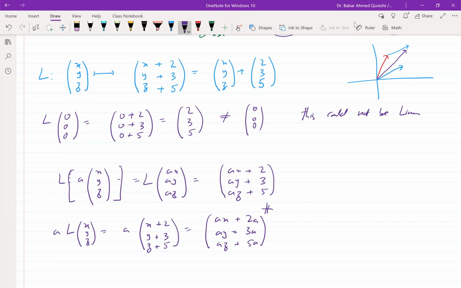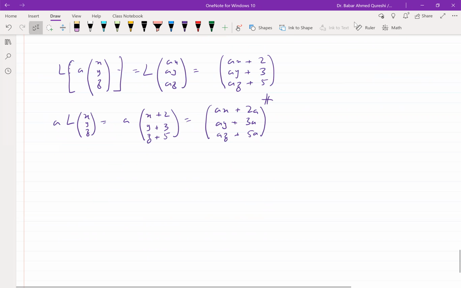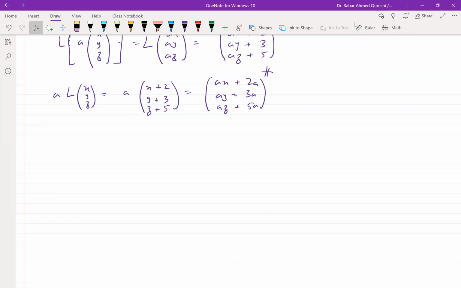Now, what else should we discuss? Let me give you another very interesting example of defining a linear transformation.